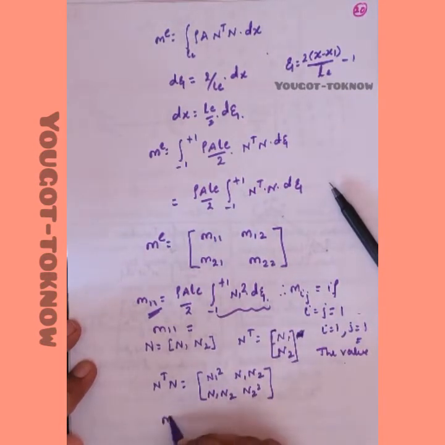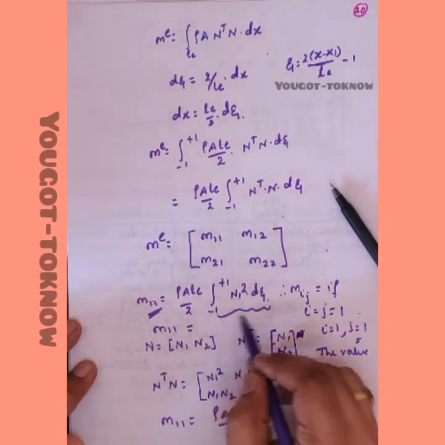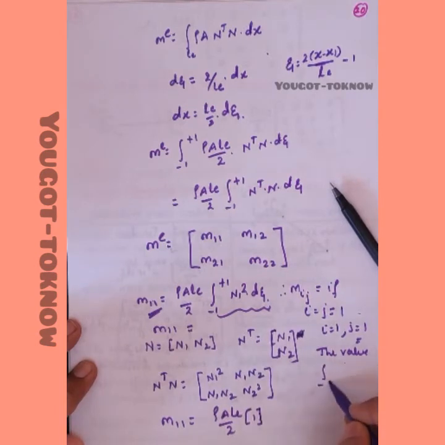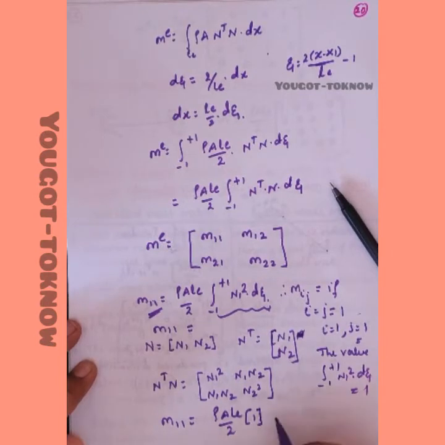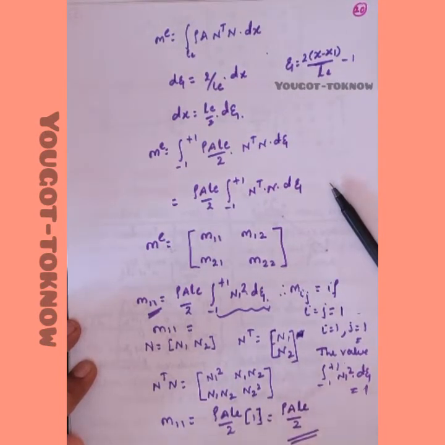That is, m11 equals rho A le by 2 into 1. That means the integration from minus 1 to plus 1 of N square d zeta will be equal to 1. That is nothing but your m11: rho A le by 2.